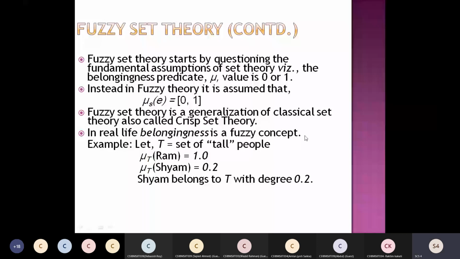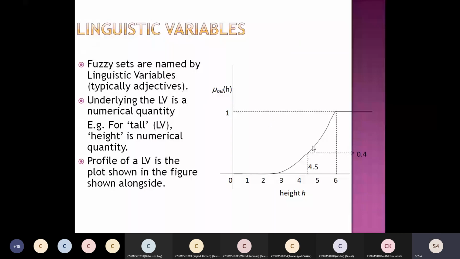Now, linguistic variables. Fuzzy sets are named by linguistic variables, typically adjectives. यहाँ आपको समझाने की कोई जरूरत नहीं क्योंकि आप सभी लोगों ने इंग्लिश तो पढ़ा होगा, ठीक है? तो उसमें आप लोगों का जो adjective and adverb का कॉन्सेप्ट है, I hope that these things are clear to you. क्योंकि ये जो fuzzy set theory है, everything is related to these things.